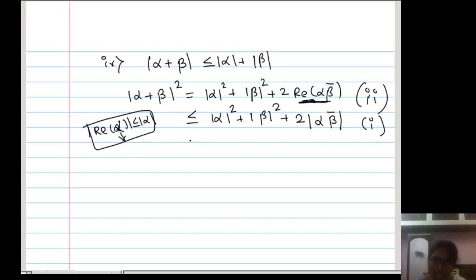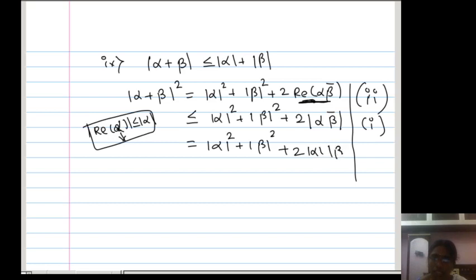Okay. Next, mod alpha square plus mod beta square plus, tell me now, mod alpha beta bar can be written as in the previous theorem: mod alpha beta can be written as mod alpha into mod beta.